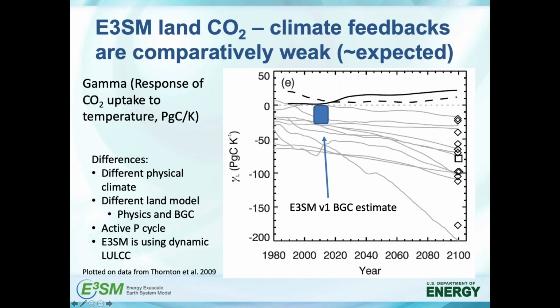And the E3SM in the two configurations, again, had results that were relatively similar to each other as compared with other models, and in both cases were much weaker. So we had a much weaker gamma feedback parameter than most other models. So again, this is consistent with the hypothesis that models that represent nutrient limitations will have weaker responses to increasing CO2 in terms of their carbon cycle physiological response.